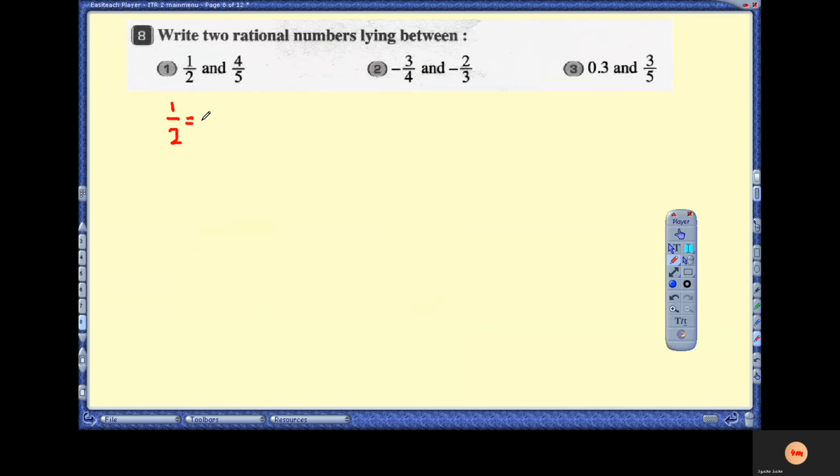You will make the common denominator at first. It will be 10. 2 times what equals 10? 5. 5 times 1 equals 5. And 4/5, make the denominator also 10. 5 times what equals 10? 2. 2 times 4 equals 8. So you can write 6 over 10 and 7 over 10.